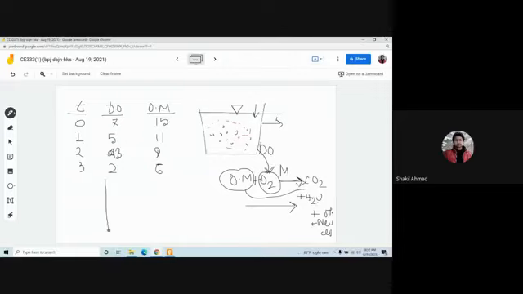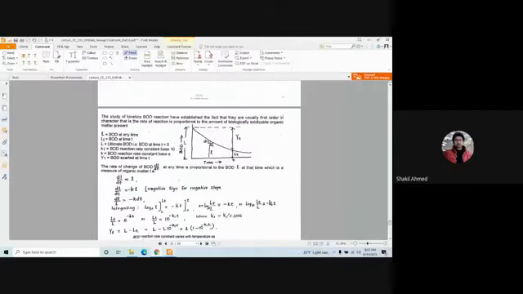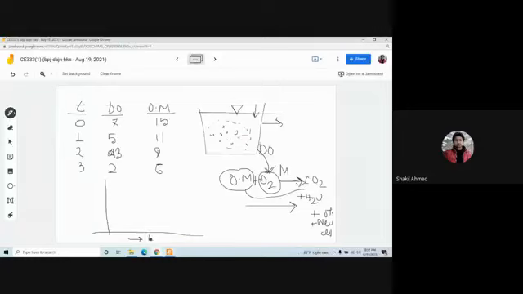Are you following me? Now, if you put these values here, time here, and here organic matter, let's call it L. L means the organic matter present at time t. Initially it was 15, so with time it will get reduced.